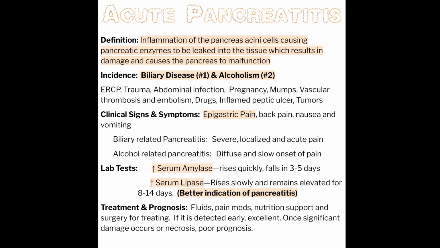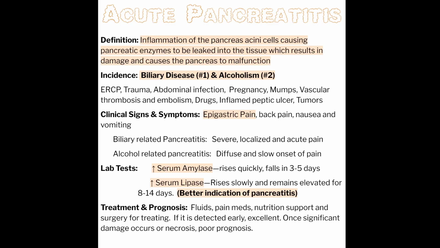Now, if a patient comes in right at the beginning of their acute pancreatitis, what we will see is an increase in serum amylase. It rises very quickly, and then it's going to fall in the next 3 to 5 days. So if they come in day one of pancreatitis, that amylase is going to be super high. However, if they come in day 4, day 5, after they've been having this pain, their amylase might be back almost down to normal.